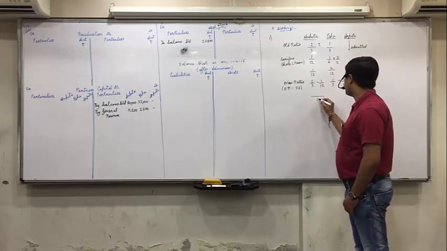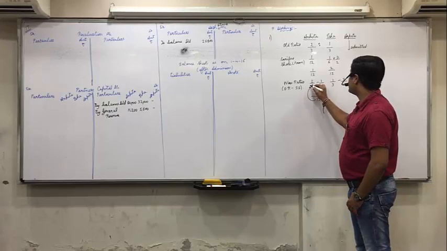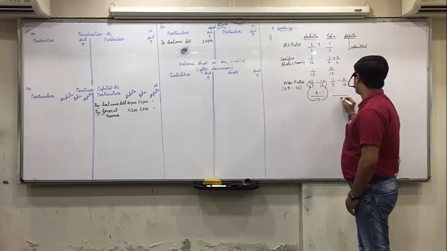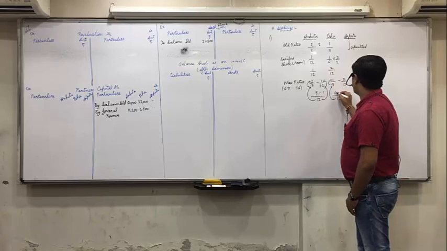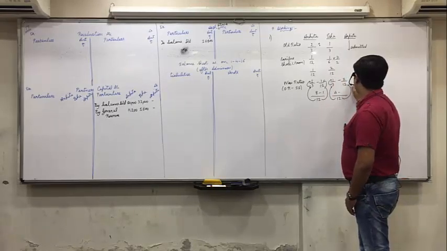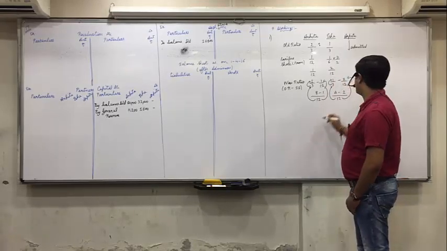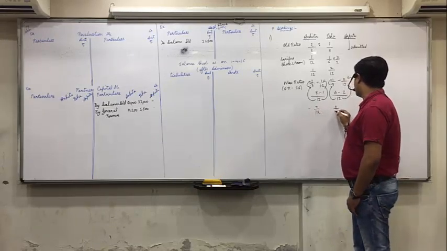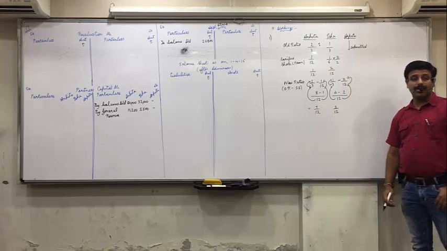LCM is 12. 12 divided by 3, 4 into 2, 8 minus 1. 12 divided by 12, 1 into 1 is 1. 12 divided by 3, 4 into 1, 4 minus 12 divided by 12, 1 into 2, 2. So 7 by 12 and 2 by 12. Are you all clear up till here?